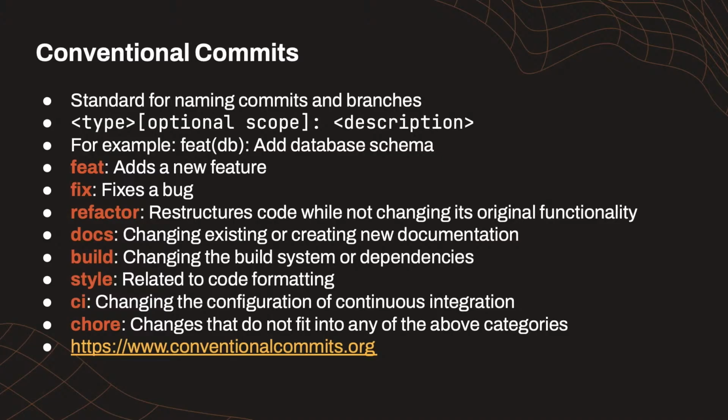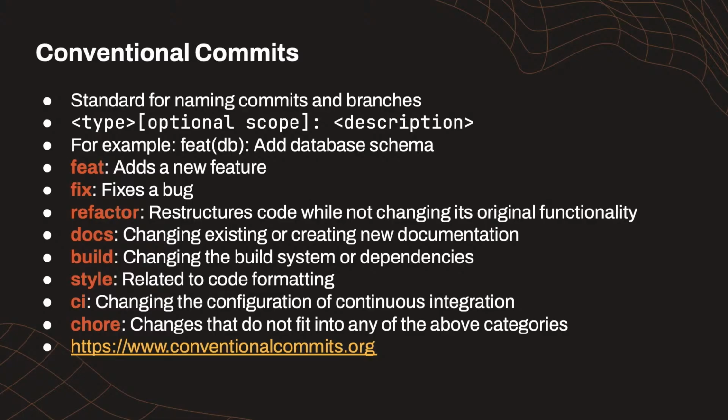People generally use this just so you know what exactly the commit is doing, rather than having commit messages like "hopefully this bug is fixed" or "fix a bug", and it's not clear which bug is getting fixed. So there's generally just a bunch of different options for this specific standard.